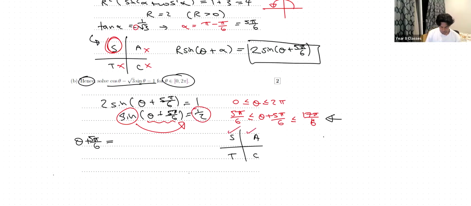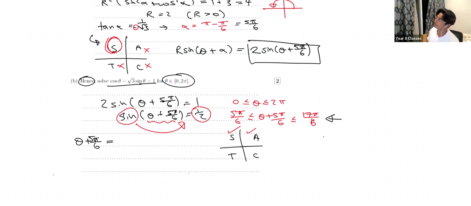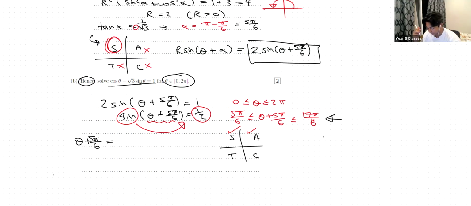What's our first quadrant answer going to be? 5π/6. That will be your second quadrant answer, I believe. How did you get the 5π/6? I literally took it from there. Oh, okay, yeah.